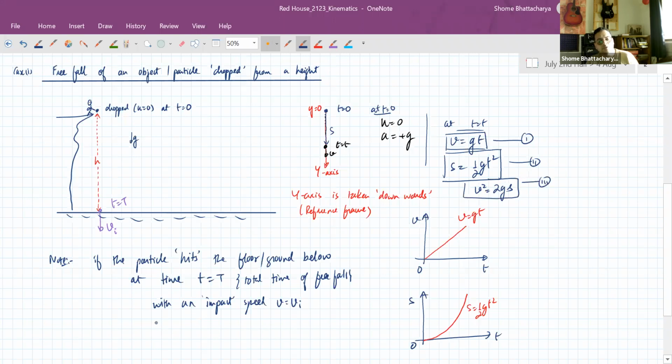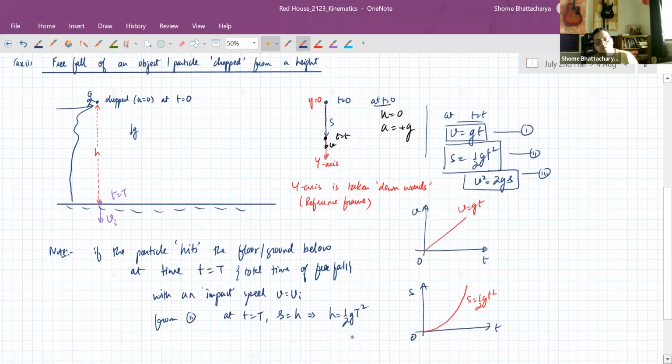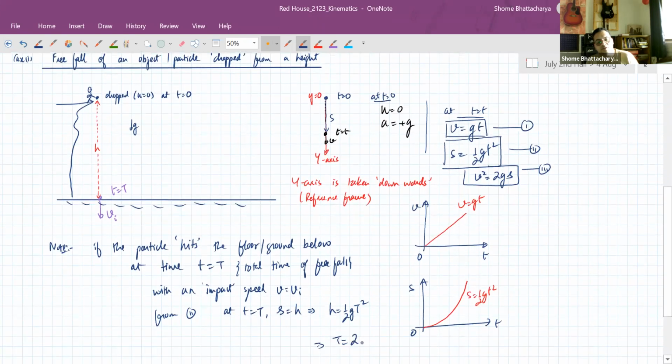Okay, so from equation 2, you can see that at t equal to capital T, the displacement should be equal to h. So h should be equal to half gT square. So the time taken to hit the ground below, provided the ground is at a distance of h. Now, why have I taken the displacement as positive h? Because the downward direction is positive.